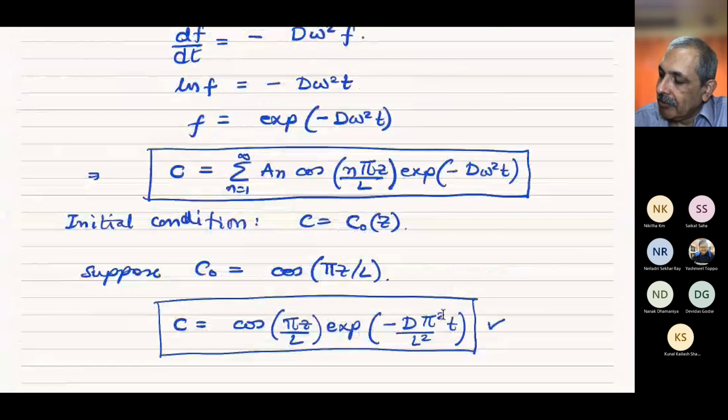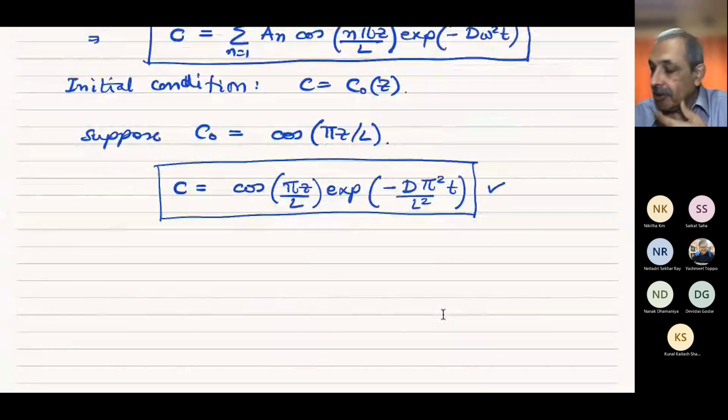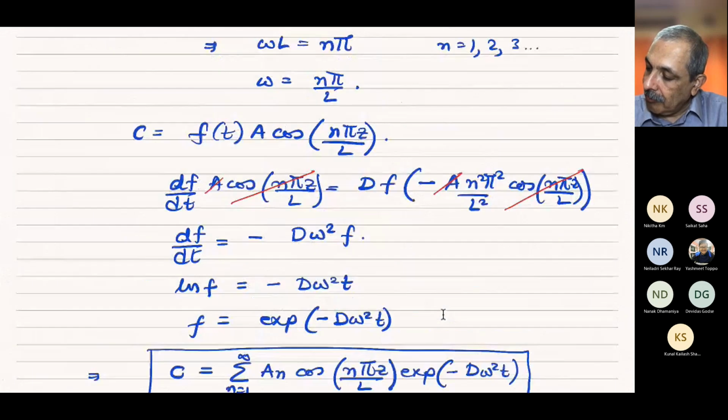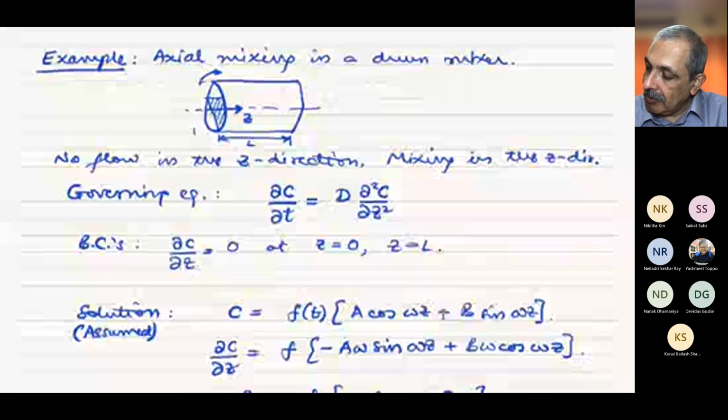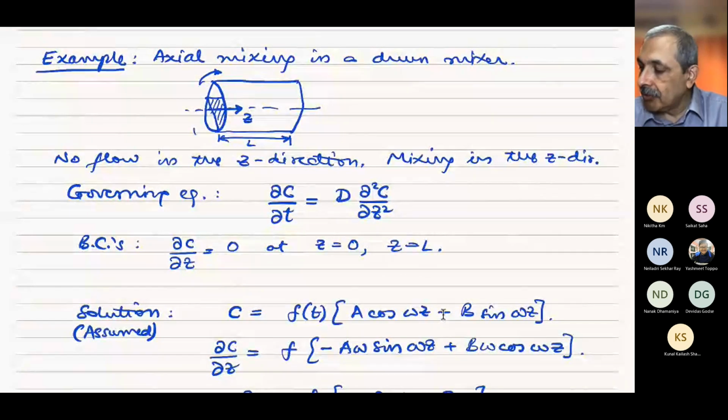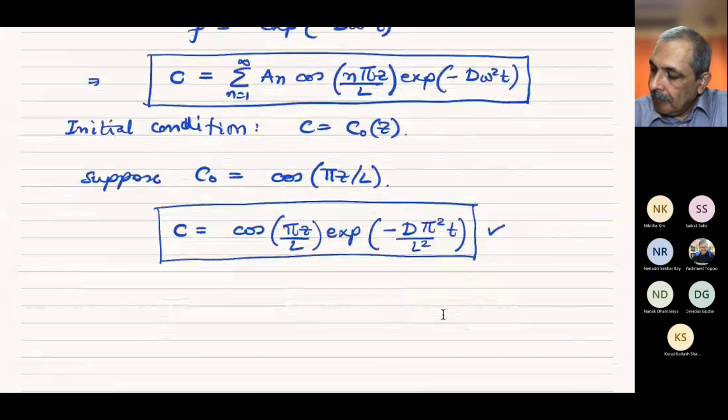And the reason I did this is because there are many experiments where people have actually measured this concentration profile, and this equation is shown to describe experimental results very well. So I will show you some of those results in the next class.